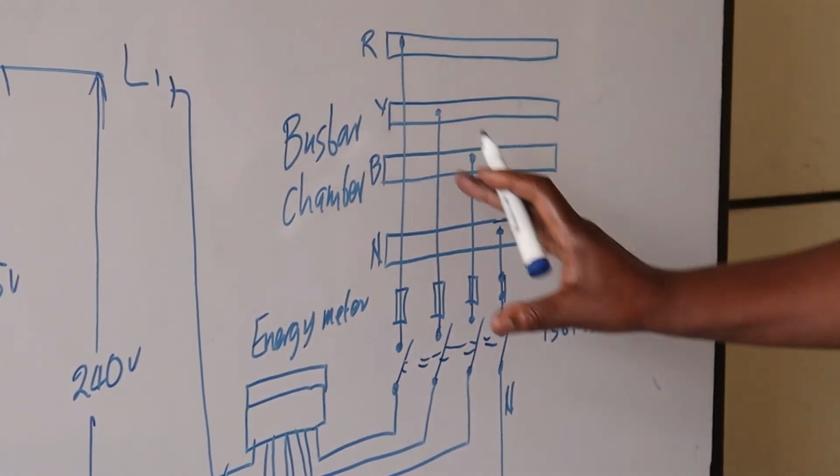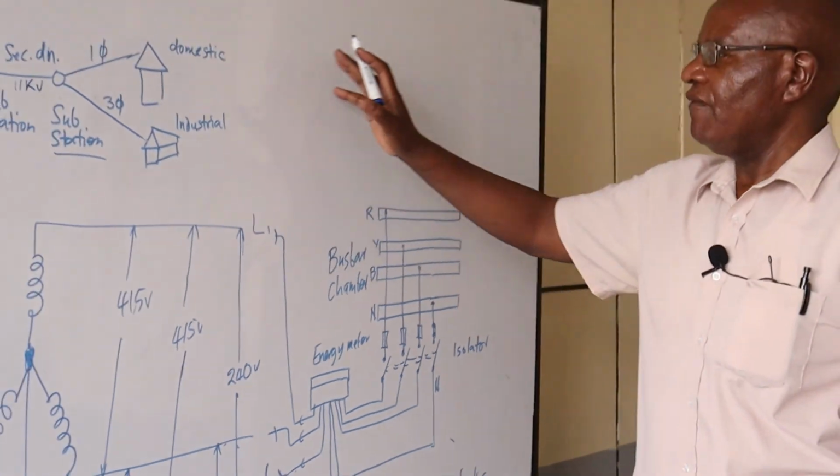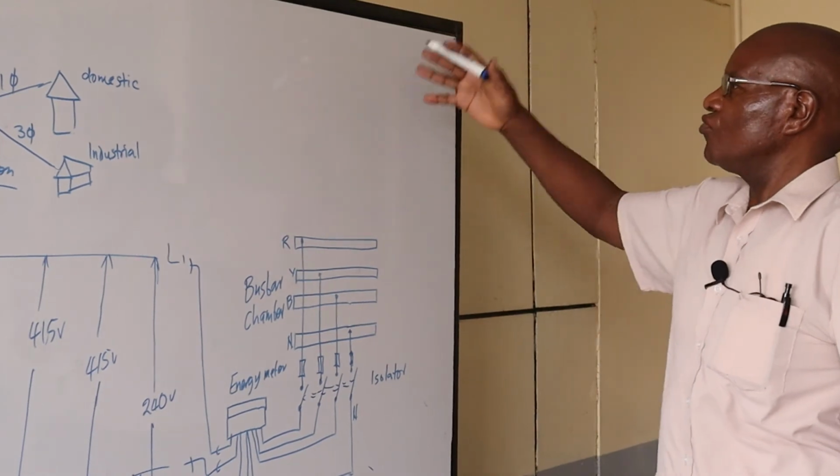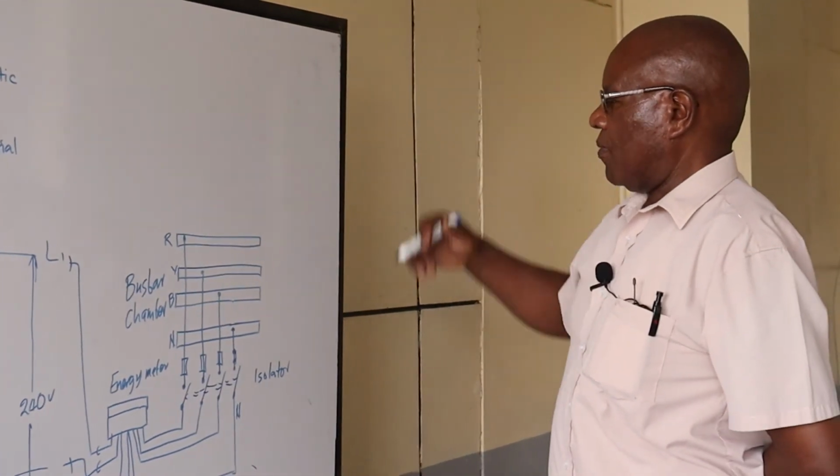And then from this chamber here, if it is a factory, there are various shop floors. Then you can tap your energy from here to go to various shops.